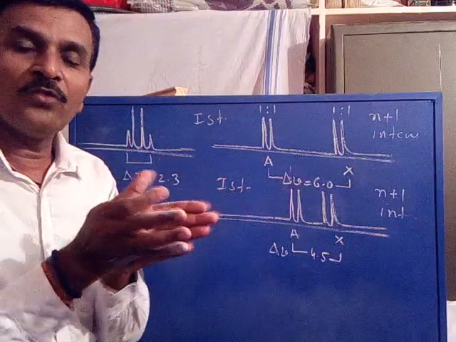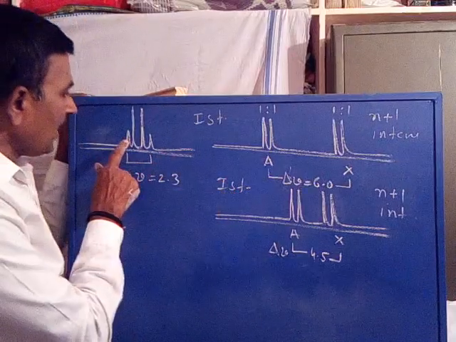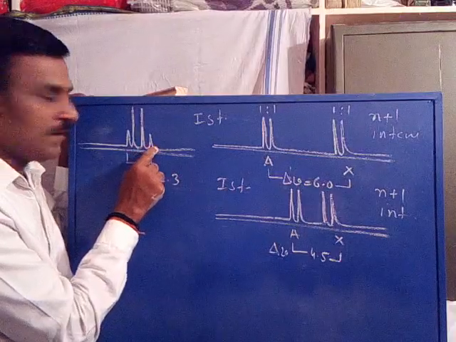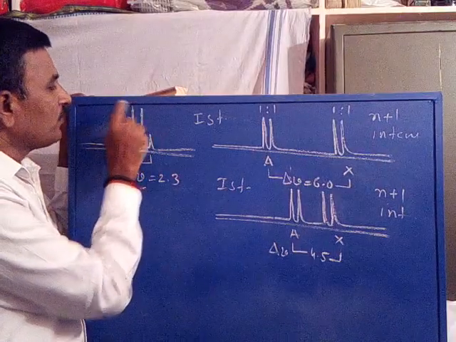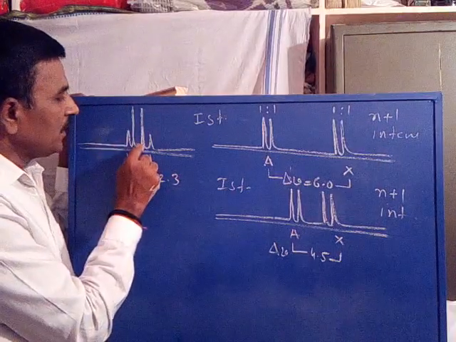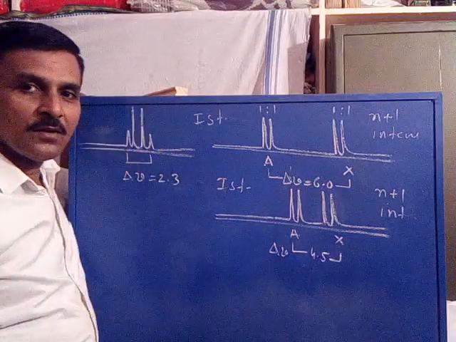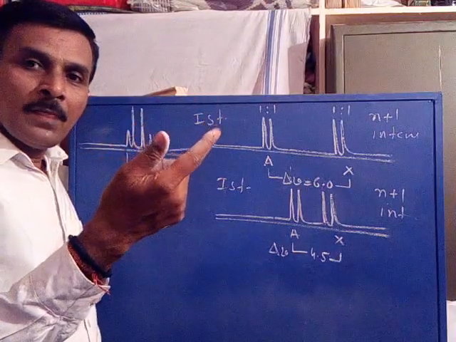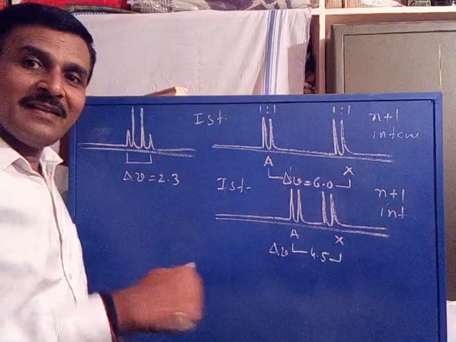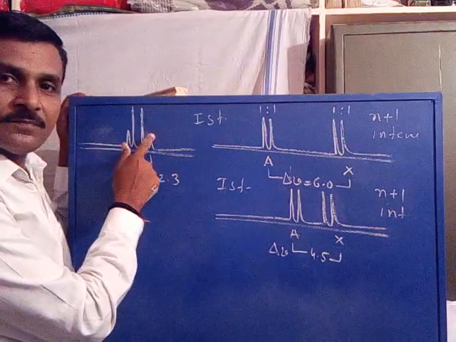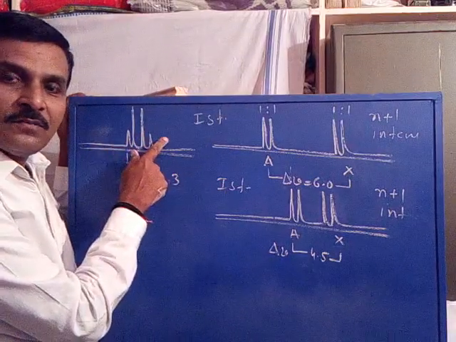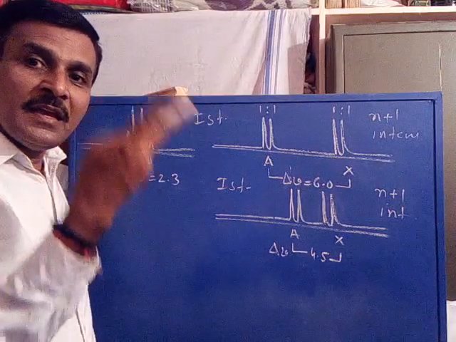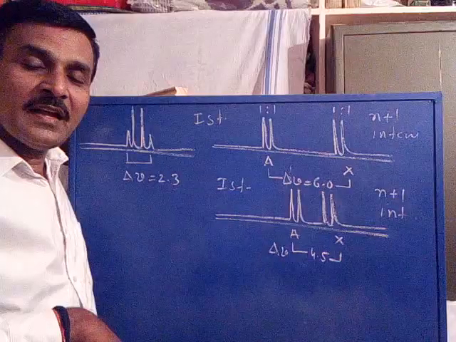During the closeness, this is one doublet, this is the second doublet. The inner line of the first doublet increases, and the inner line of the second doublet also increases. The two inner lines increase in intensity, the two outer lines decrease in intensity.